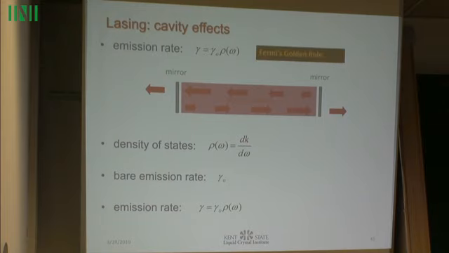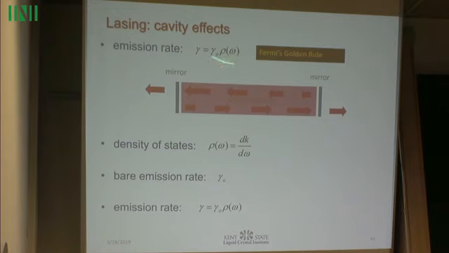There's another way to look at this, and Fermi liked to talk about the density of states, and the idea is that when you have excited state dye molecules, the probability of a photon being emitted is proportional to the number of states available for the photon to go into.